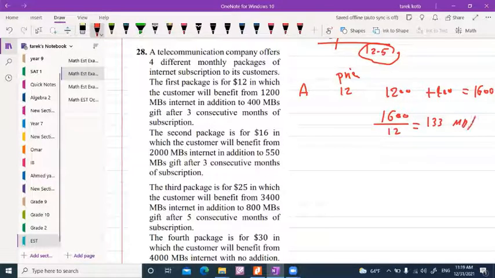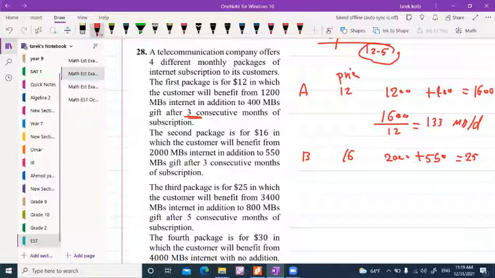Okay, this is company offer B. For 3 consecutive months. Okay, the second package is $16, in which the customer will benefit from 2,000 megabytes internet in addition to 550 gifts, which means it is 2,550.